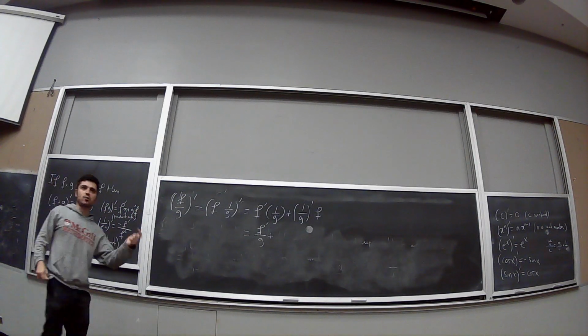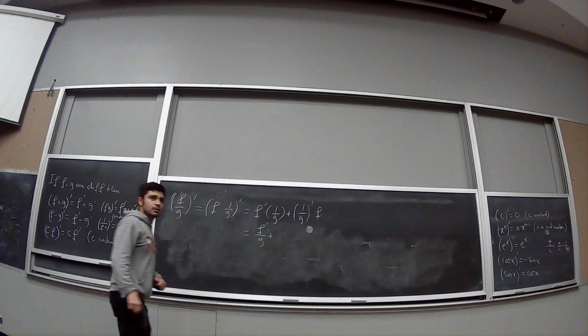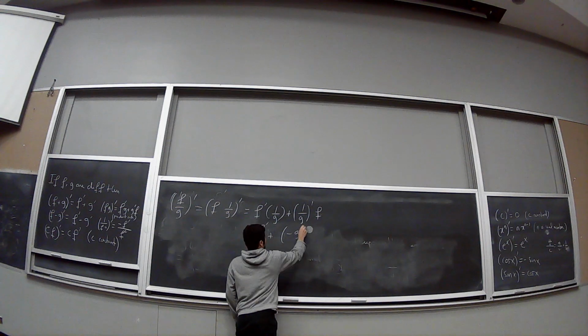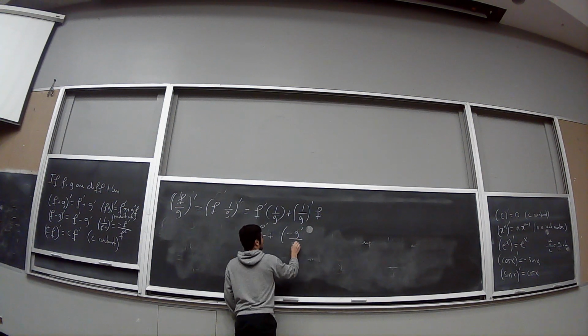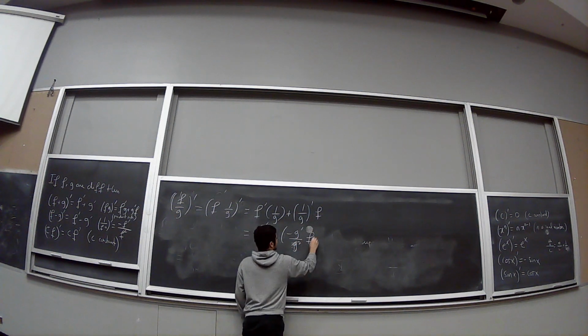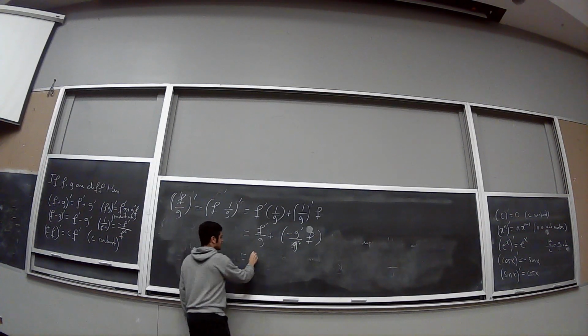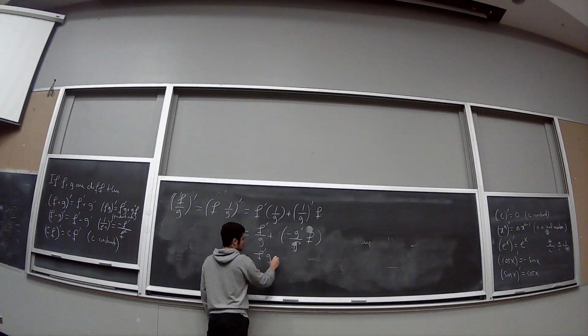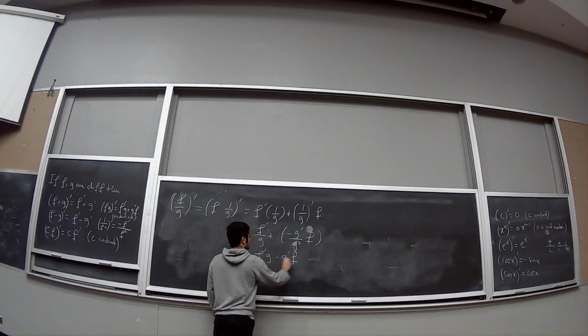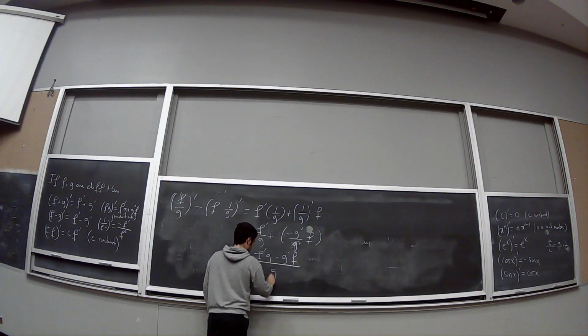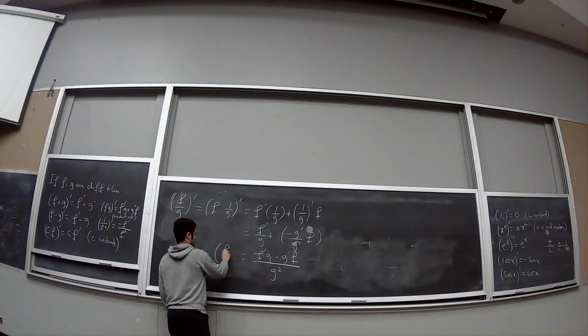This is minus g prime over g squared times f. Let me put everything under a common denominator. What do you get? You get f prime times g minus g prime times f over g squared.